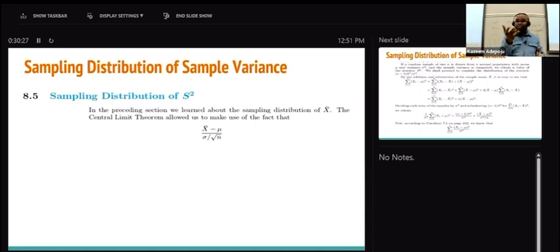That is why I'm equating you to investigators: investigators work on the same research, but they get different results. Then how can we trust any of them? How can we know which one is true? Then we need a sampling distribution of the sample variance. Because the result you got varies, and when it varies, it becomes a random variable.